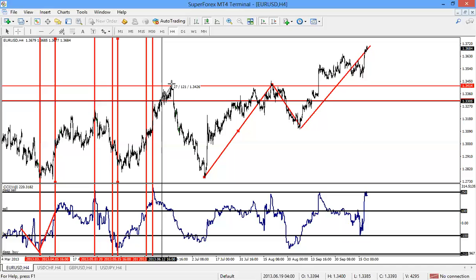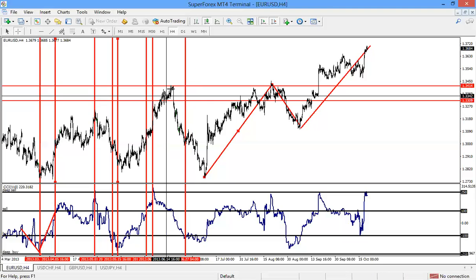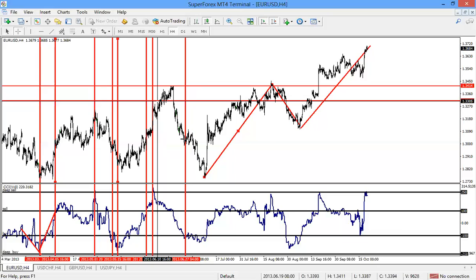Even though it is accurate, it has these downtimes which I don't like. But if you'd have sold from there, you'd have enjoyed it up to here, and that is around 80 pips. Wow.